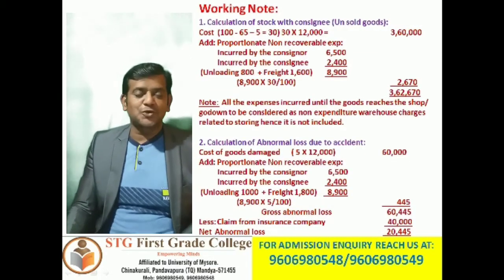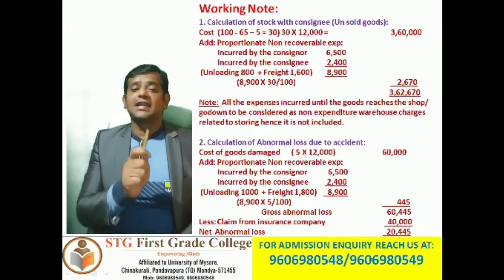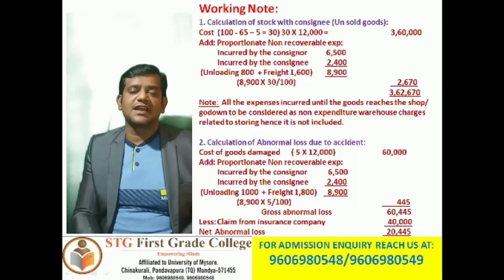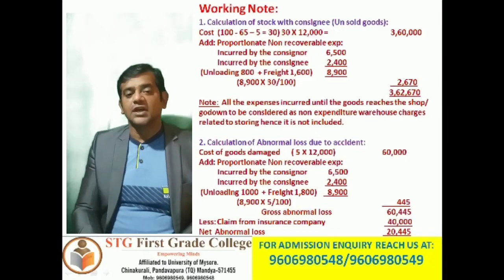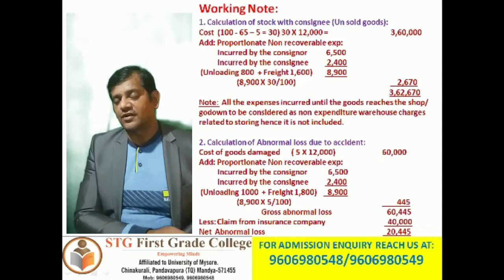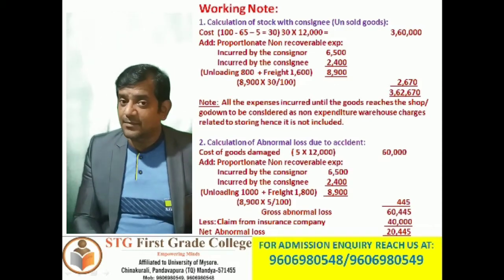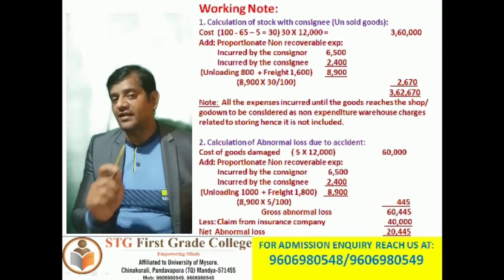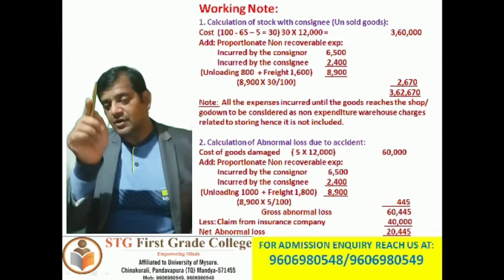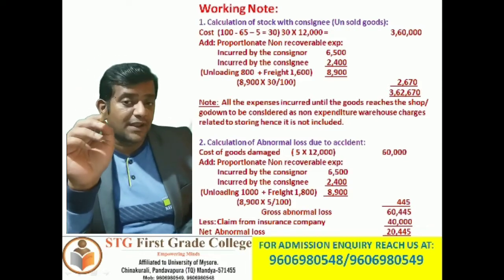So let us move on to the working note. So point number 1, working note number 1, calculation of stock with consignee and value, that is unsold goods. So cost of each goods we have to find, whatever the closing stock value we have to find. So for that, what is the number of mobiles consigned? 100. Open a bracket and write how many mobiles have been consigned? 100.